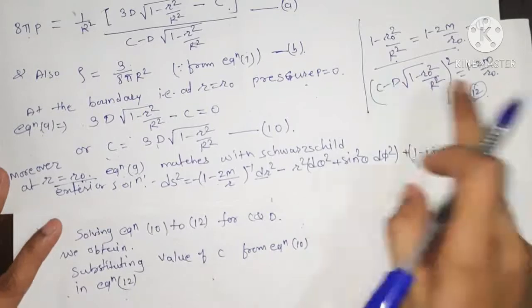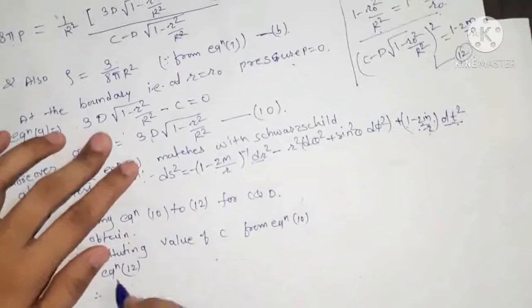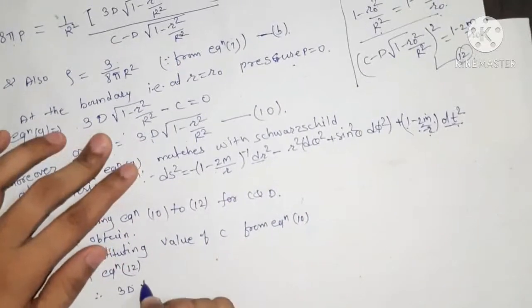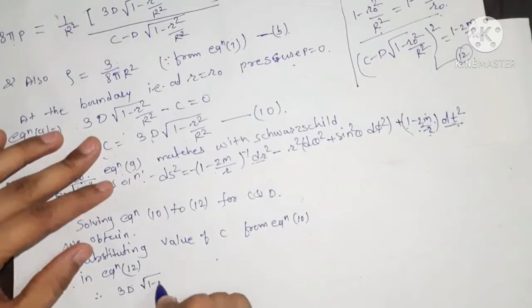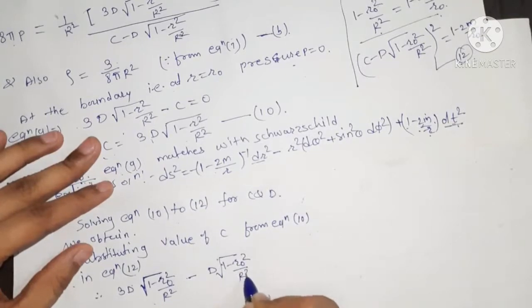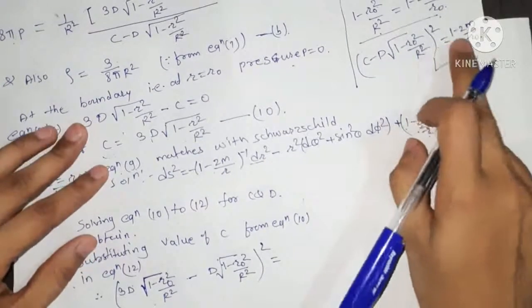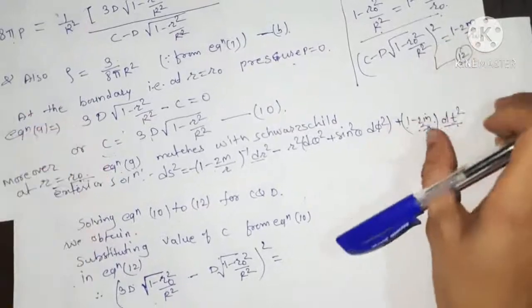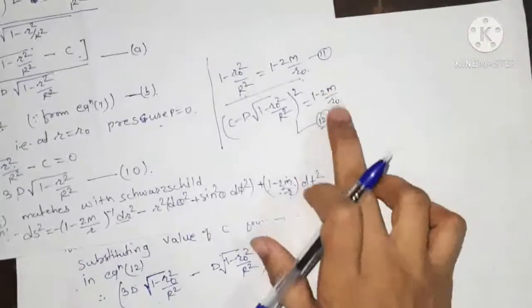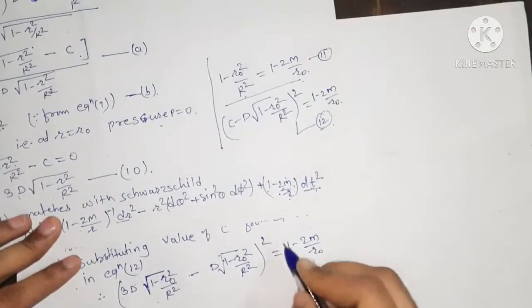Therefore we get 3D under root of 1 minus r0 square upon r square minus D under root of 1 minus r0 square upon capital R square, whole bracket square, equals, from equation 12, 1 minus twice m upon r0.